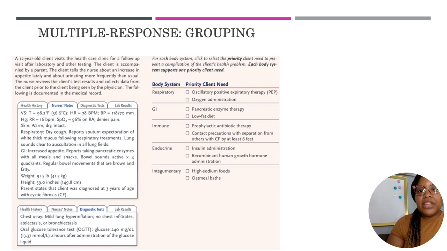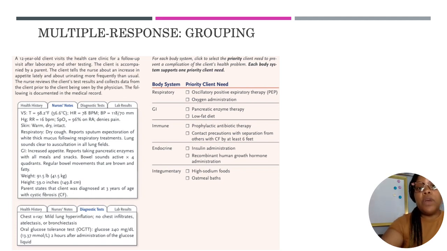So does that patient need oxygen if they're 96 on room air? No. But could the patient benefit from a PEP therapy if they are having white thick mucus? Yes. So what is an oscillatory positive expiratory therapy? That is a little machine we can give the patient to blow in and breathe in so that they're able to mobilize those secretions.